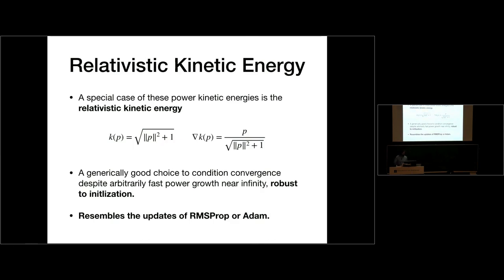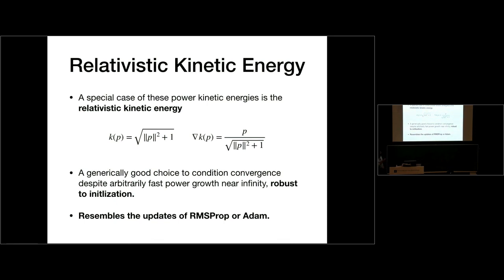Okay, and just one last thing, which is that we consider a special case of these power kinetic energies that we introduce, which are very closely related to the relativistic kinetic energy of physics in the Minkowski interpretation, and they look like the following.